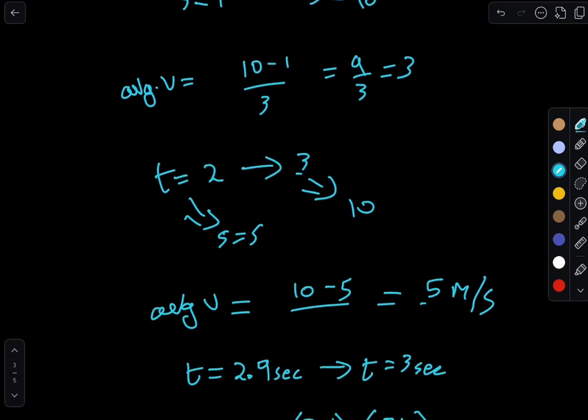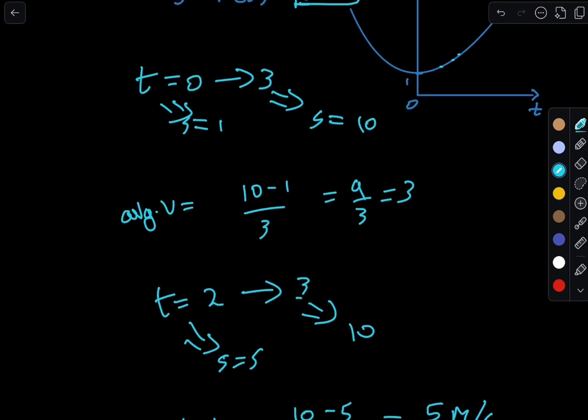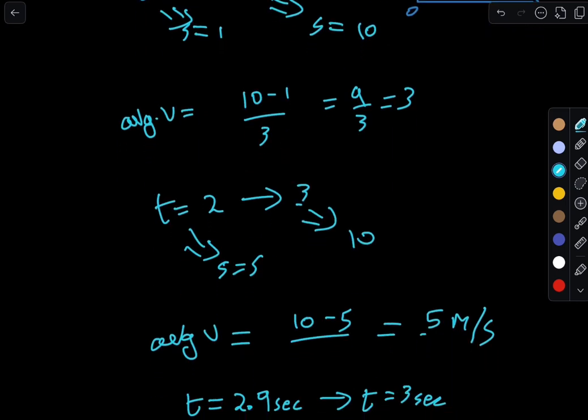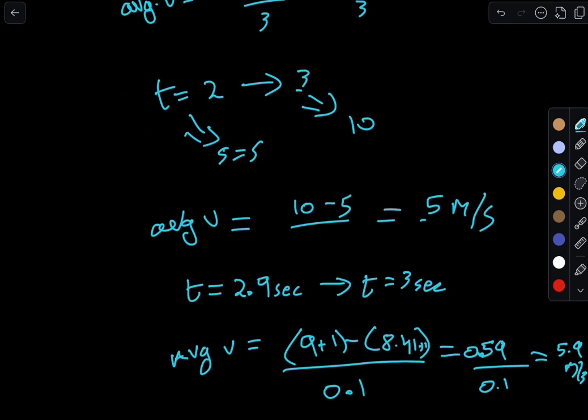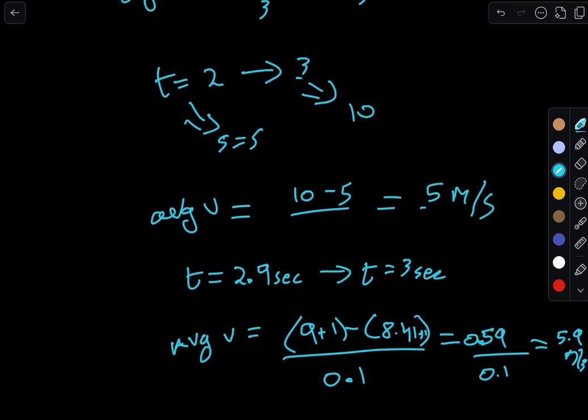So the value increased significantly between 0 to 3 and 2 to 3, and then it changed only slightly between 2.9 to 3. That means that we are getting closer to the instantaneous velocity.